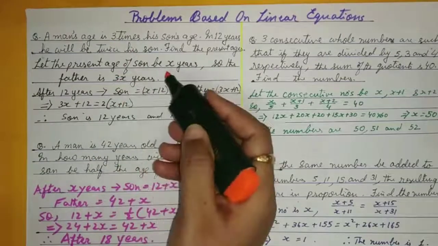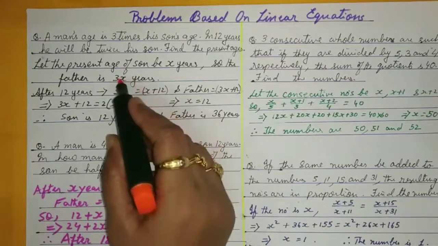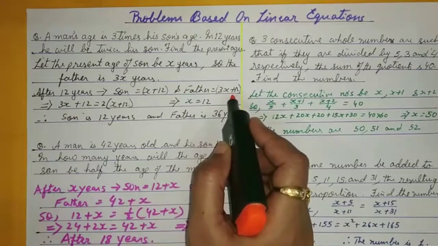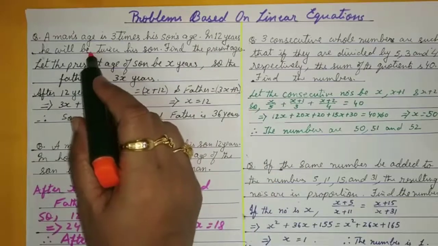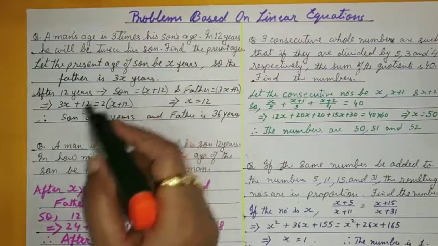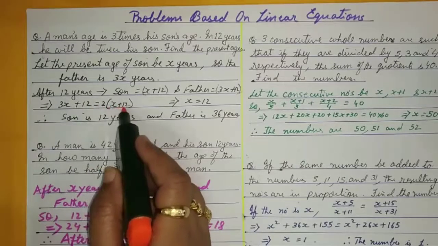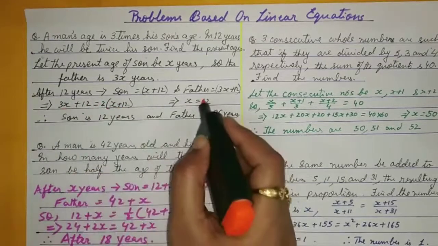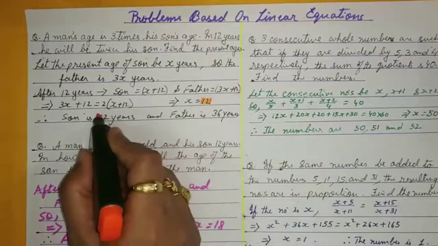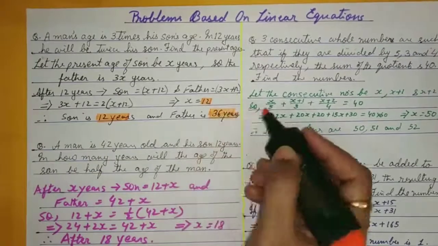After 12 years, the son will be x plus 12 and the father will be 3x plus 12. But how are they related? Father will be twice his son's age. That is 3x plus 12 is equal to 2 into x plus 12. On multiplying and subtracting, you get x as 12. So the son is 12 years old and the father is 12 into 3, 36 years old.